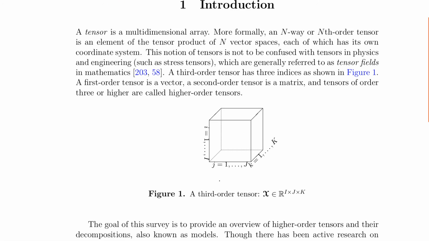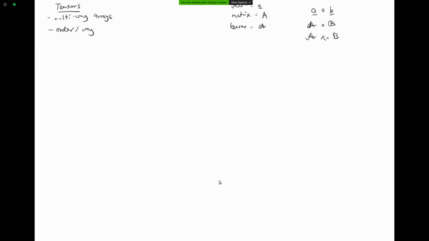And by the way, when I mean tensor, it's not the tensor in physics, or I think mechanical engineering. It's more like the tensor in signal processing, and what people refer to as a tensor is really just a multi-way array, as I've written here.